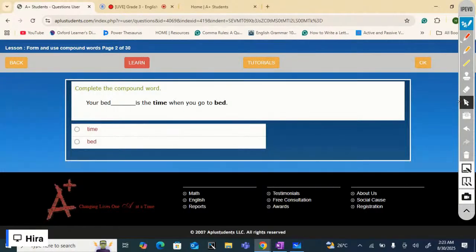Your bed blank is the time when you go to bed. Now it's up to you. Let me know in the comment section what is the answer. Is it time or bed?